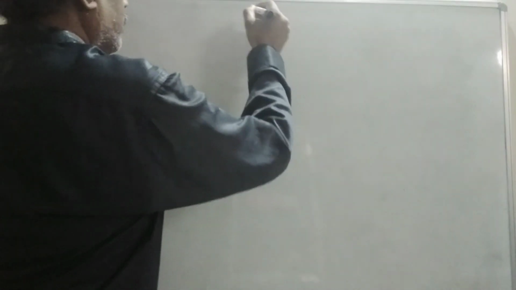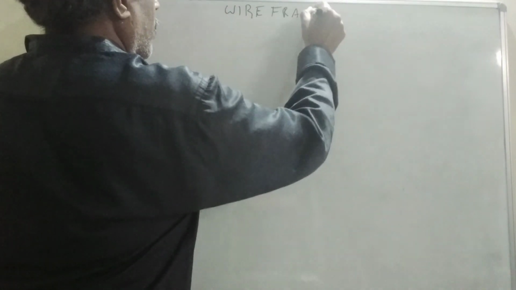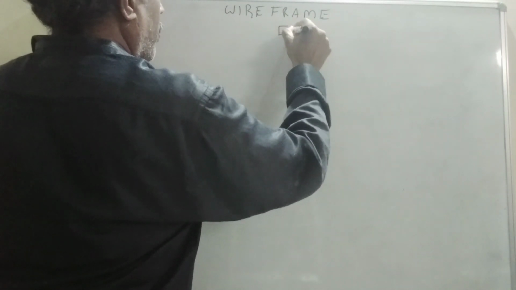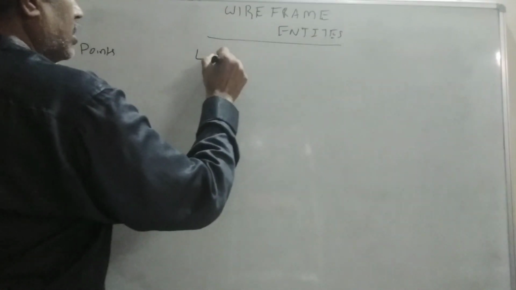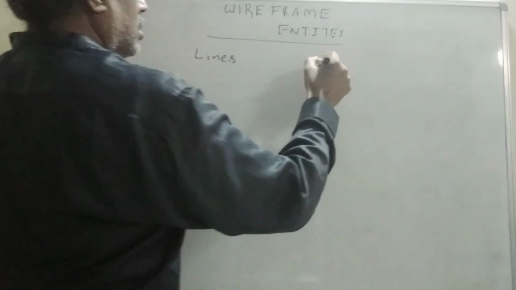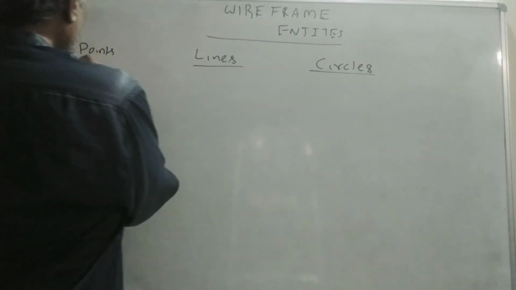These wireframe entities are points, lines, circles. So we'll see how to input the relevant data required to generate a point, a line, and a circle.